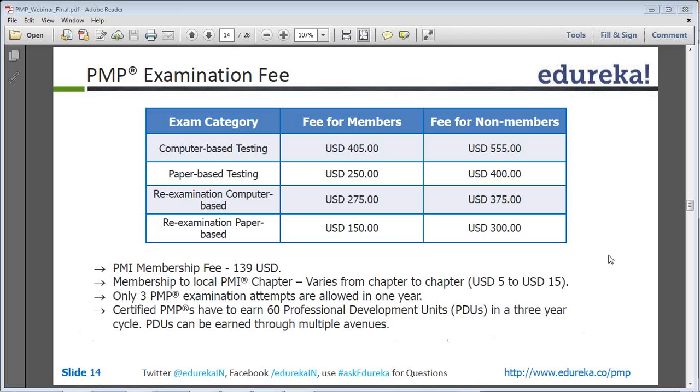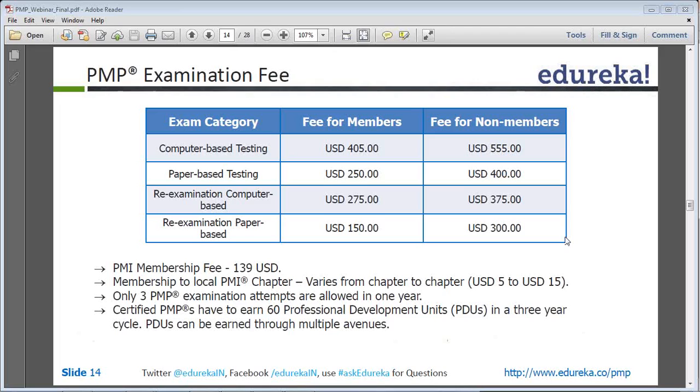The reason is that PMI membership fee is $139, and you will need another $10 to be enrolled for the first time, and there will be another $10 to $20 depending on where you are and which chapter you want to associate with. Again, that is not mandatory, but it is good to be associated with the chapter. So looking at it, it will be around $159 to $169.